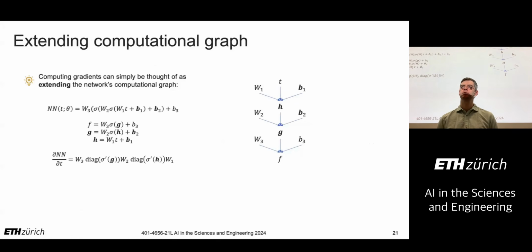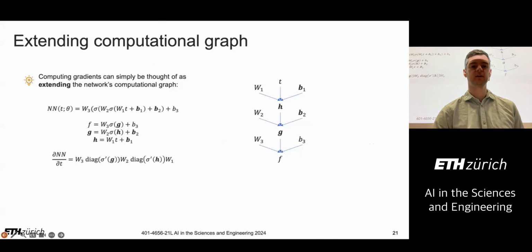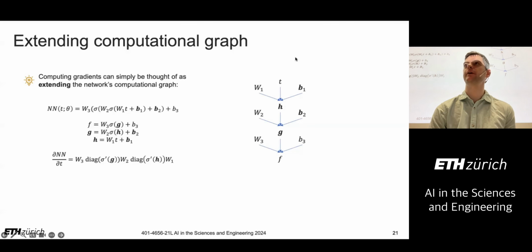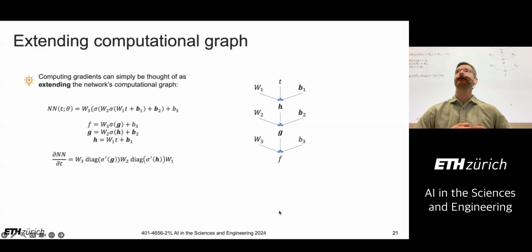To do this, we can use autodiff, and we can simply think of computing these derivatives of the network with respect to its inputs as extending our computational graph. Autodiff works by creating a graph of all your operations, tracking that graph, and then backpropagating through that graph to give you your gradients.